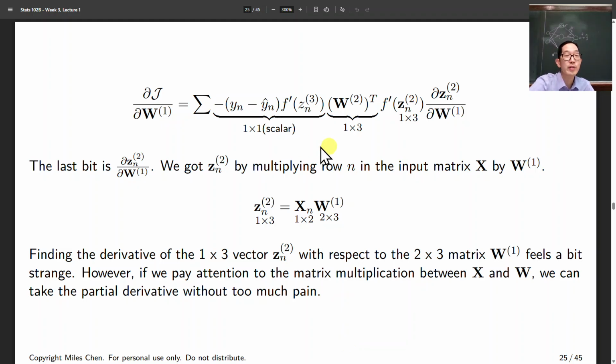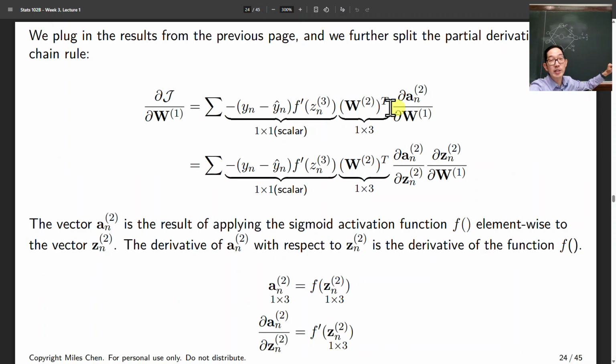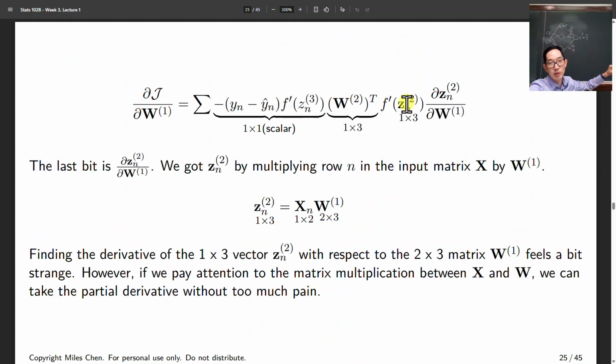So far, this is what we have. We've got a scalar value here. This is 1x3. This is also 1x3. And so we're going to want to do element-wise multiplication between each element in this part with each element in this part. If we think about what are the values inside here and what are the values inside here, what's being done here.